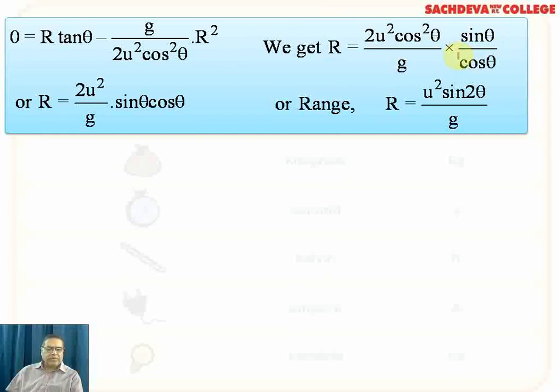So we have r equal to 2u square over g sin theta cos theta. This is the value of range, and 2 sin theta cos theta is replaced by sin 2 theta. Therefore, the equation becomes r is equal to u square sin 2 theta over g. In order to understand all these derivations, trigonometric calculations are used.